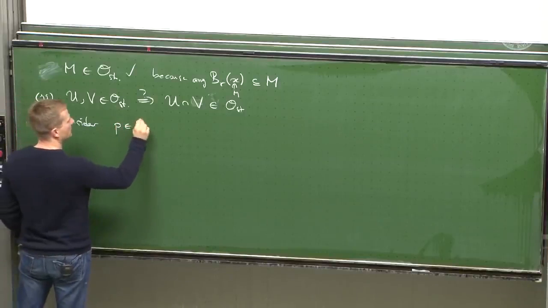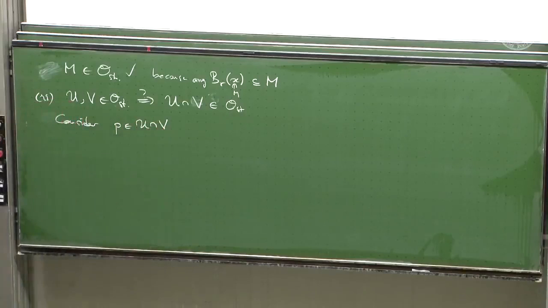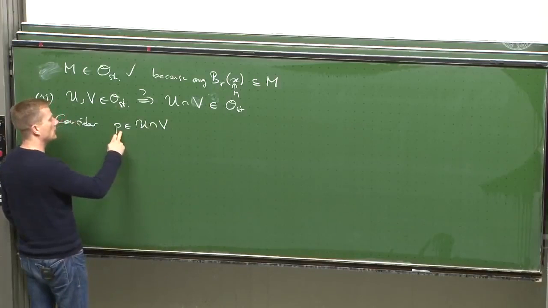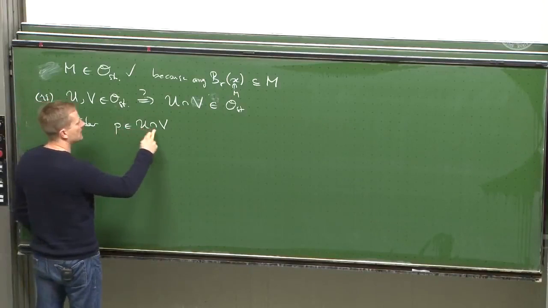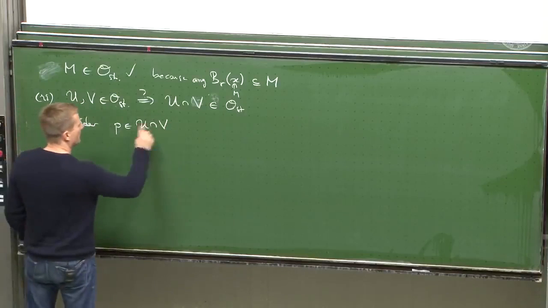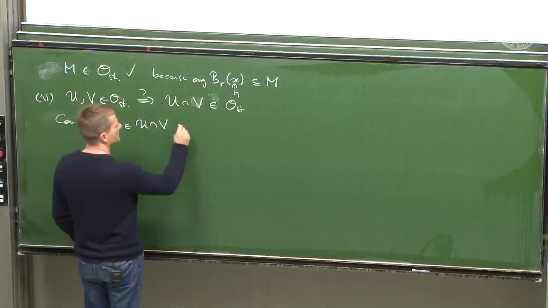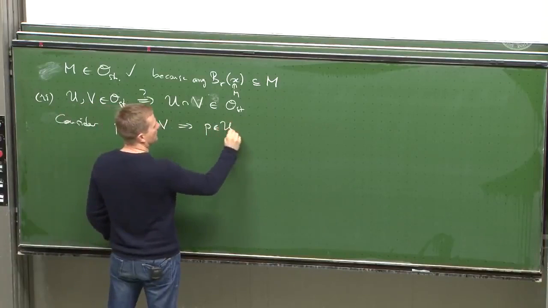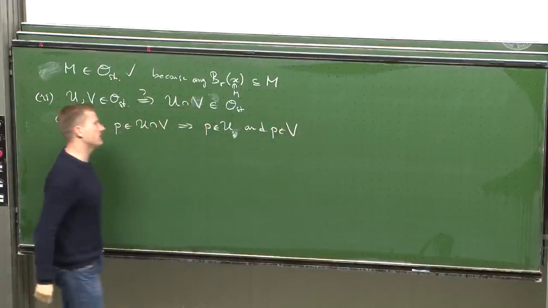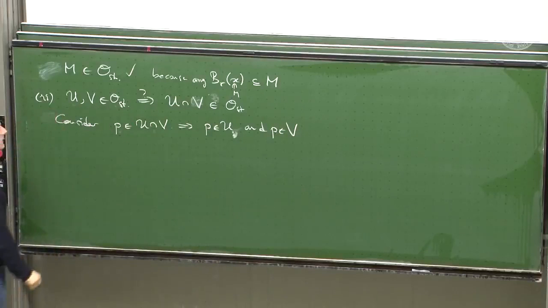So I take an arbitrary point out of the intersection. What do I need to show? I need to show there exists a ball of some radius around this point that lies entirely within this intersection. How do I do this? Well, if I have a point in U intersected V, that means the point lies in U and the point lies in V by definition of the intersection.